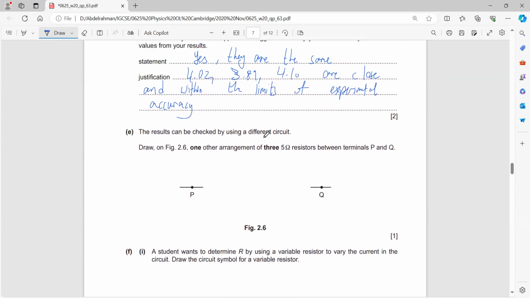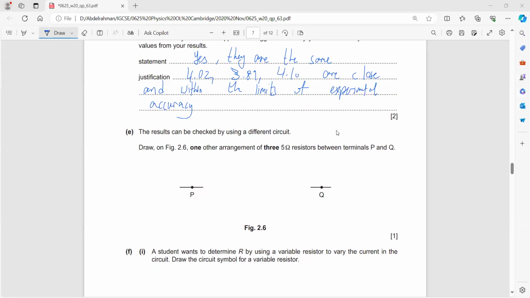The results can be checked using a different circuit. Draw on figure 2.6 one other arrangement of three 5 ohm resistors between terminals P and Q. What should I do? We draw 2 in series and one in parallel, for example? You mean 2 parallel, 1 series?